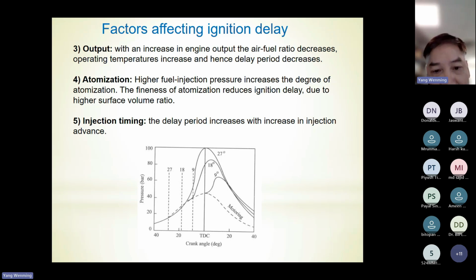Why? From 27 to 18 to 9, the ignition delay time will decrease. Why? Can you guess?